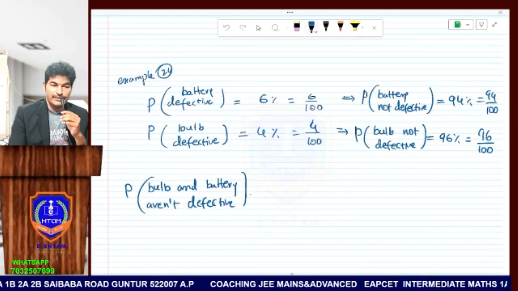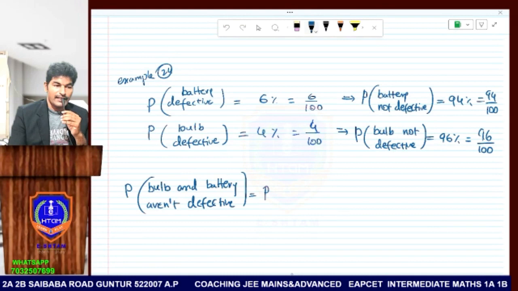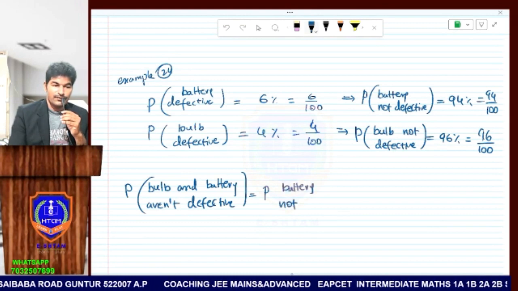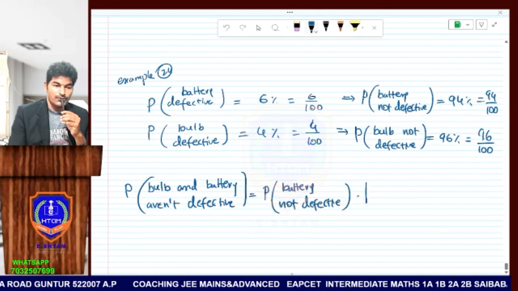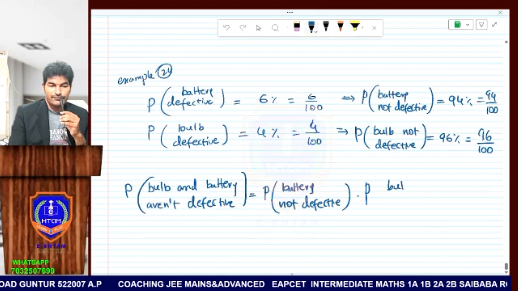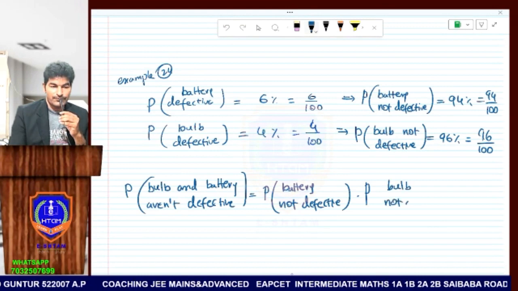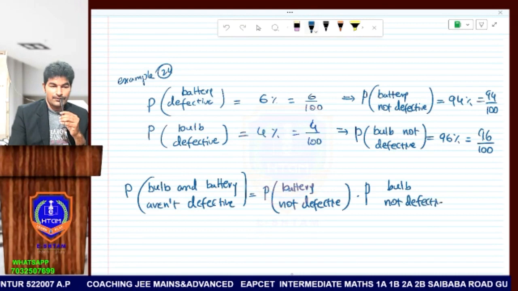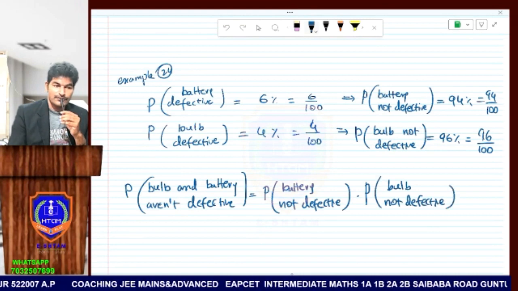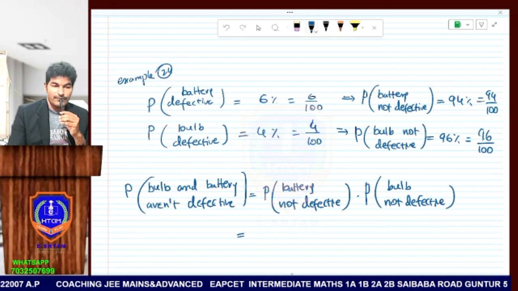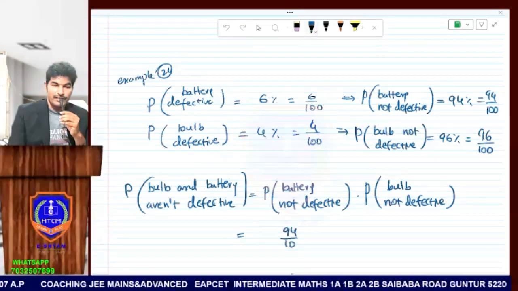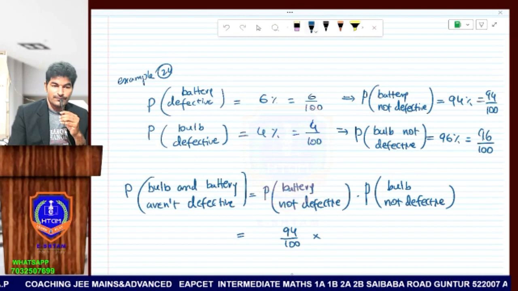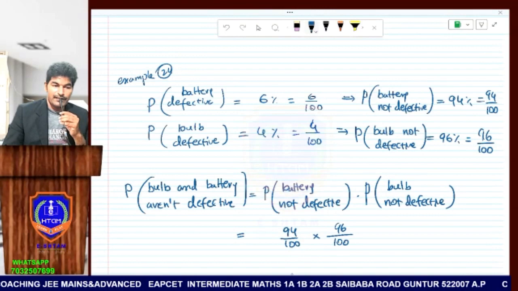According to independent probability, we will calculate probability of battery not defective into probability of bulb not defective. Understood? So battery not defective means 94 by 100, into bulb not defective means 96 divided by 100.